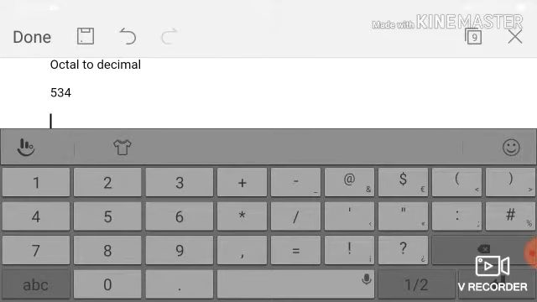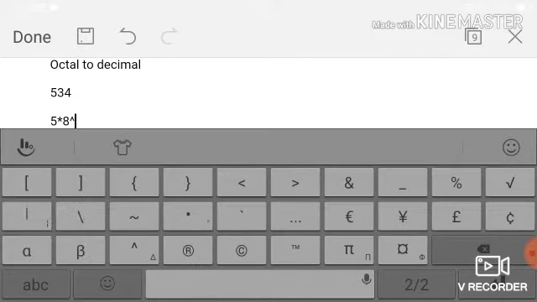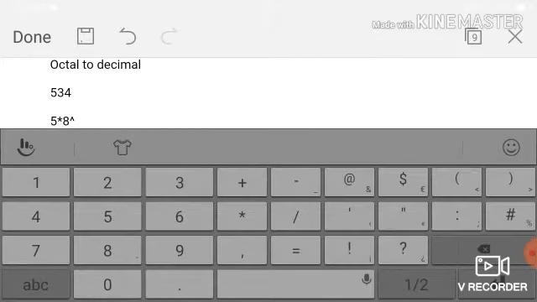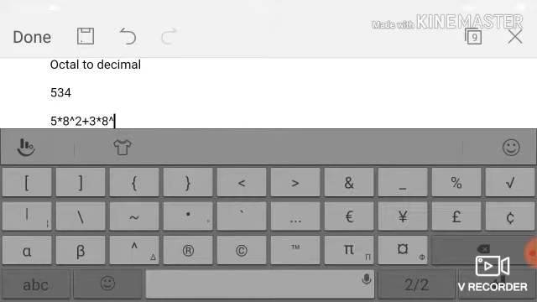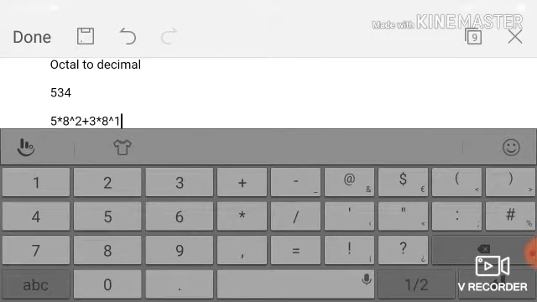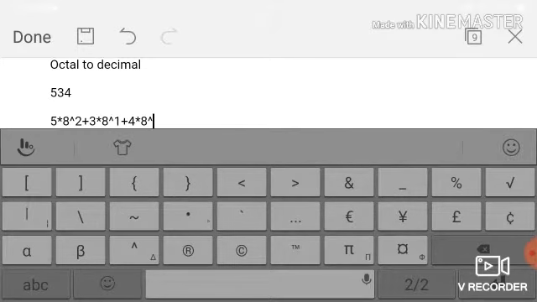So first is 5 times 8 raised to 2, plus 3 times 8 raised to 1, plus 4 times 8 raised to 0.